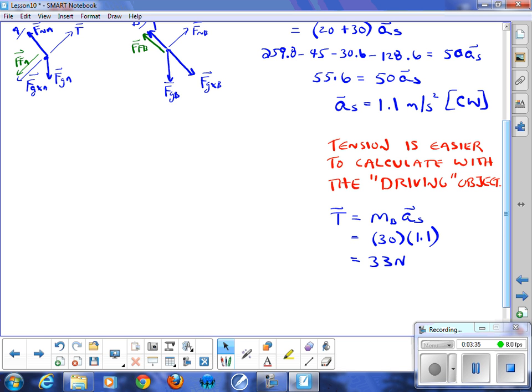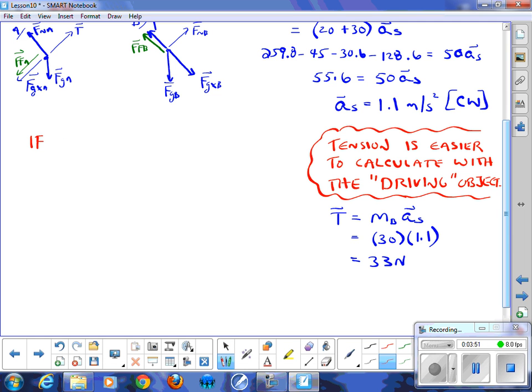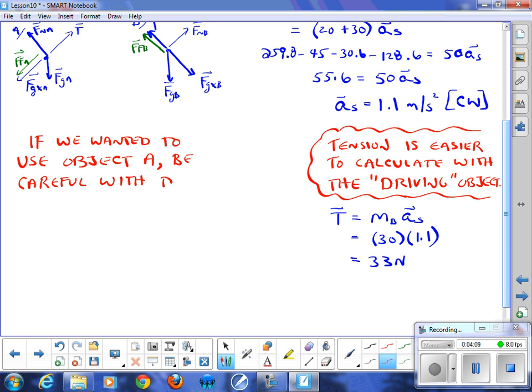Now, if you decided that you're going to go with the trailing object, okay, keep in mind, so I'm just going to put a bubble here. Okay, if we wanted to use object A, be careful with direction of acceleration.